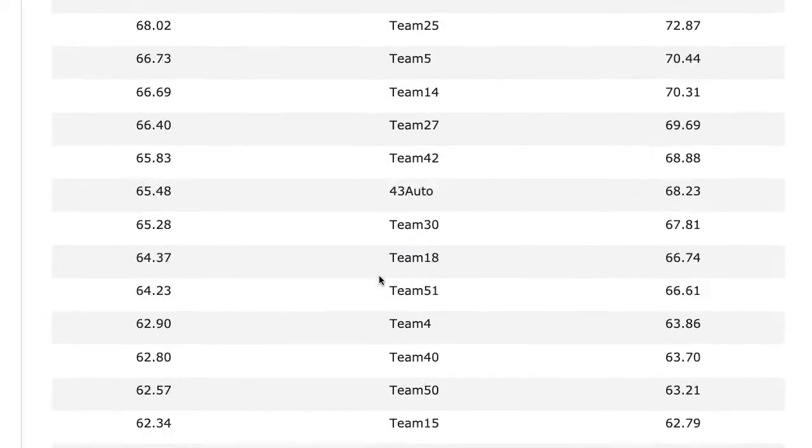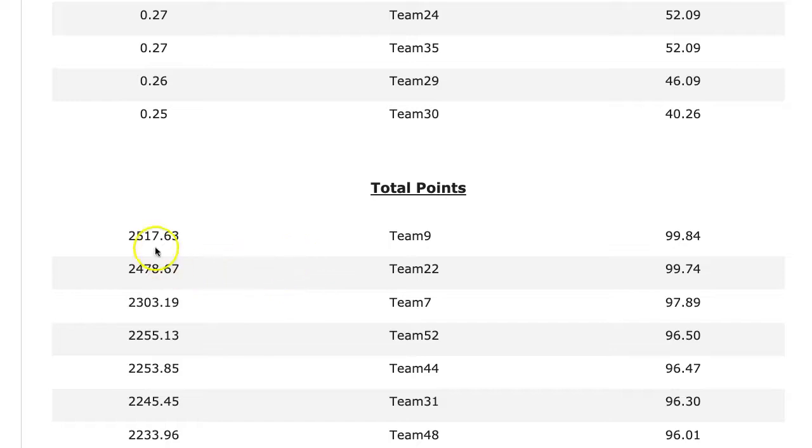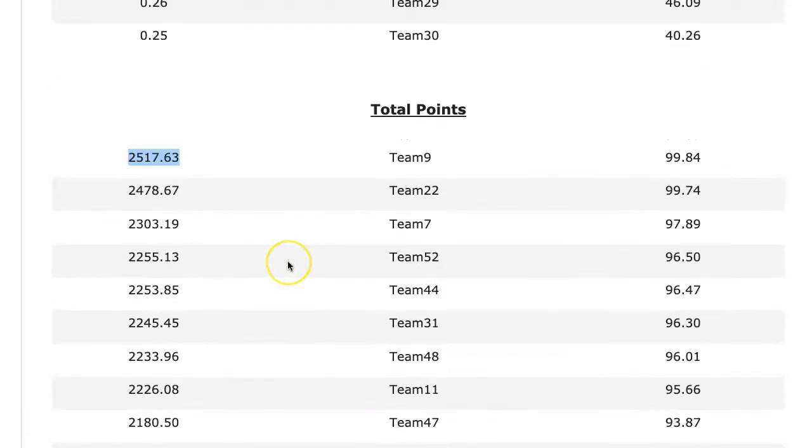If we move down to cumulative points, we see the total points here. Team 9 already has their 2,500 points for the full project. So now they just have to make sure they don't lose any points in the last 2 rounds, rounds 5 and 6. Any team can easily earn 800 points, 400 points in round 5 and 400 points in round 6.